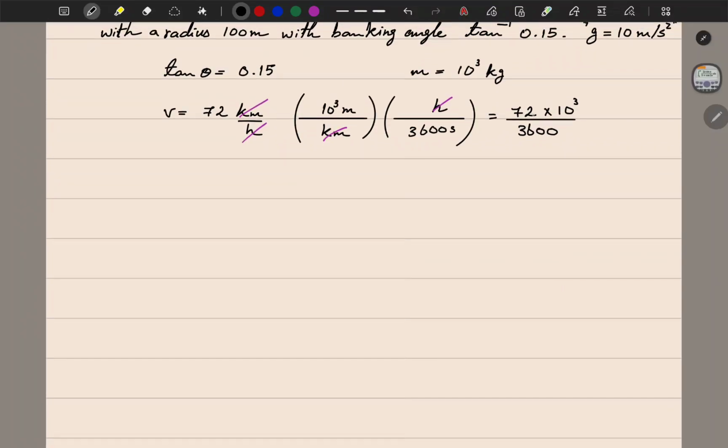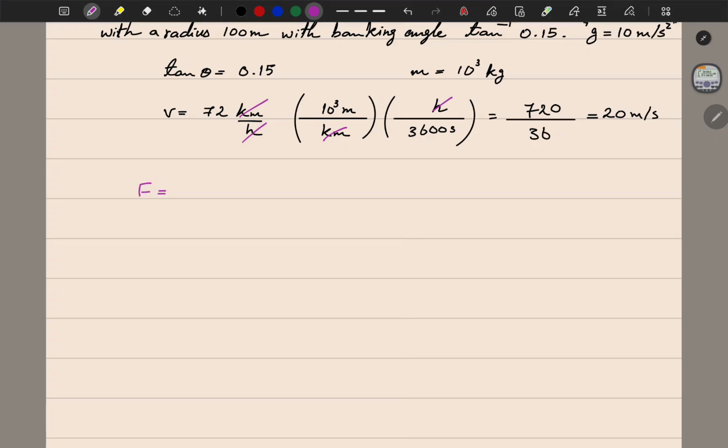Okay, so 72 times 10 to the 3, so it's basically 720 divided by 36, and this equals 20 meters per second. Now let's find the centripetal force.